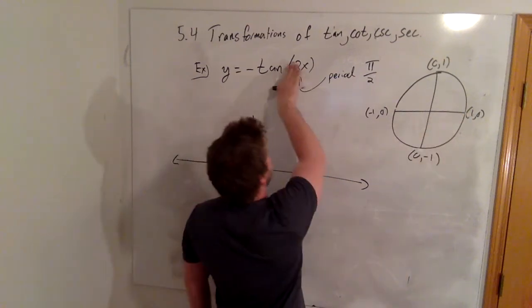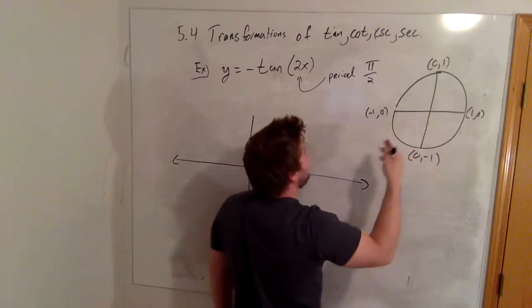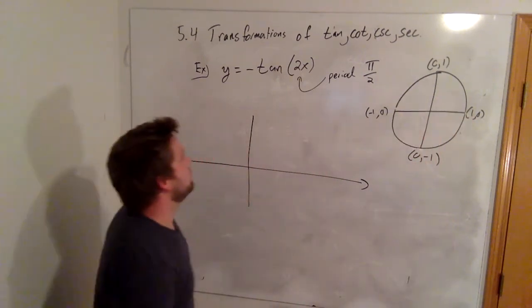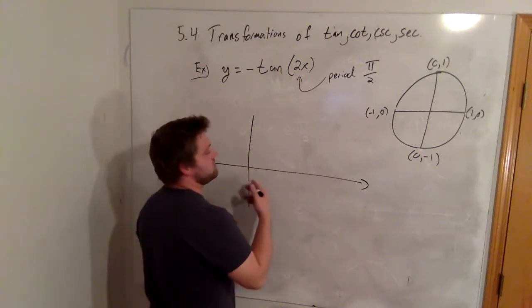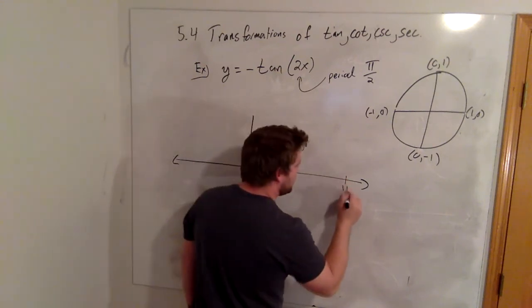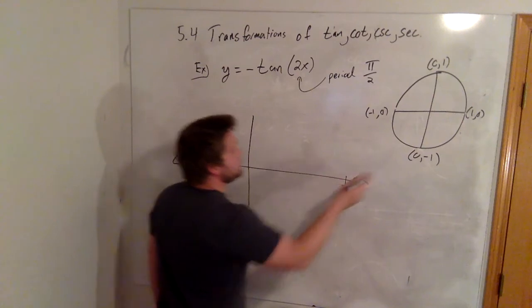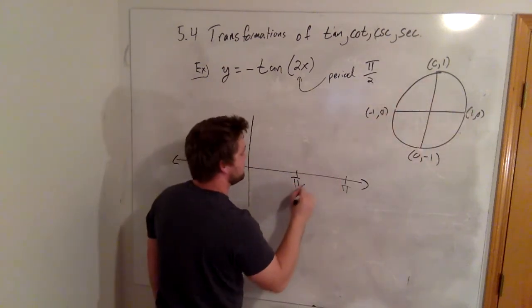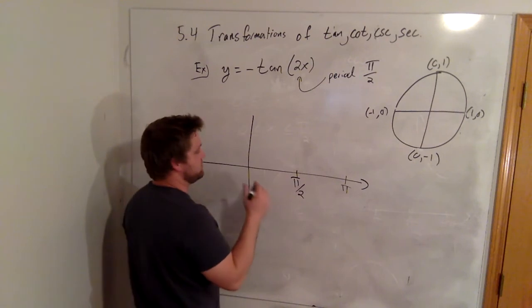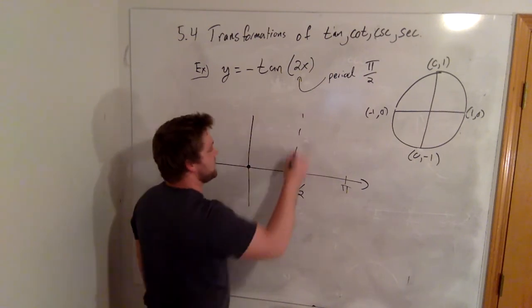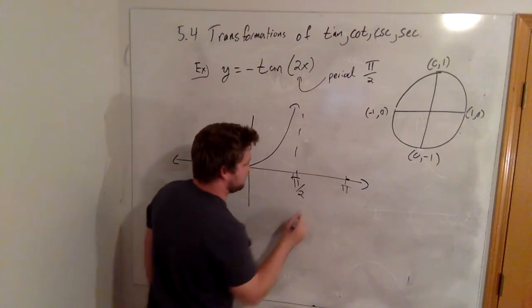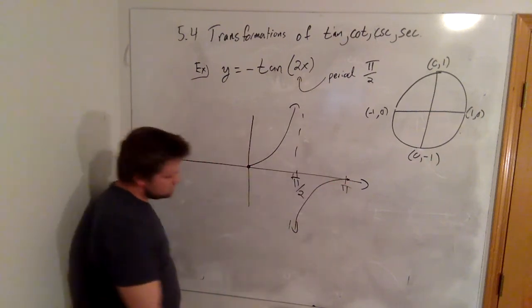Now the period for normally tangent is pi, so I only have to think about hitting the 3 spots. For tangent, you go over to pi, and then you go halfway in between. If I was graphing tangent, it would go x-intercept, asymptote, x-intercept, and I'd be able to graph at least one period of tangent.